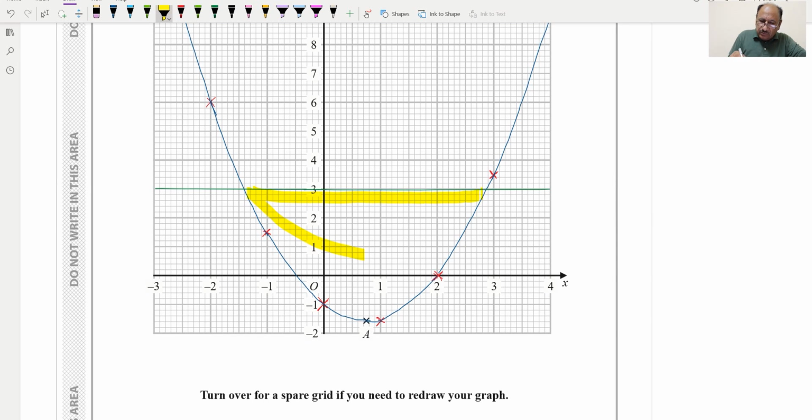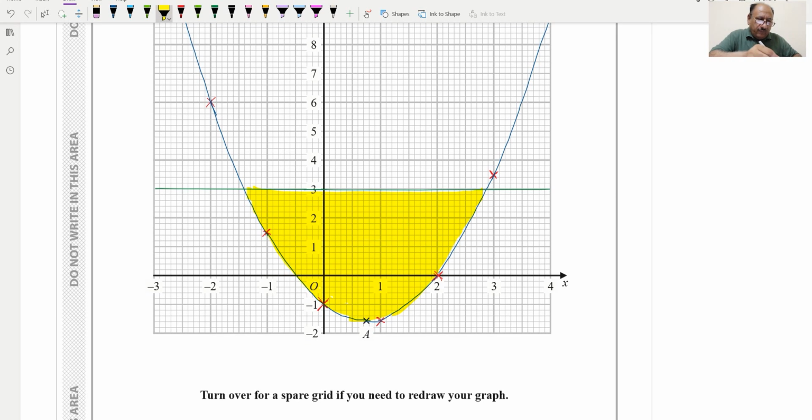So this section we require, and up to this one, these values will be our targeted values. So I'm shading for your understanding basically, but this is the region which is x values. X values, we will be identifying these values.